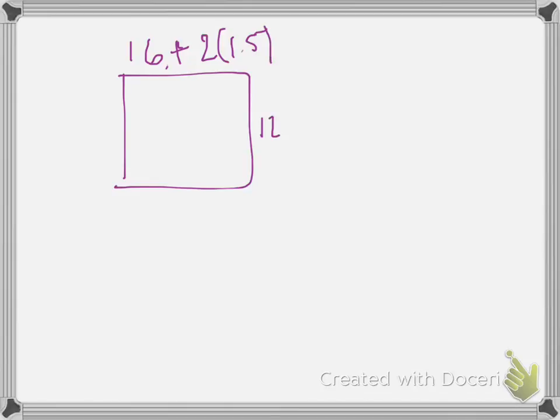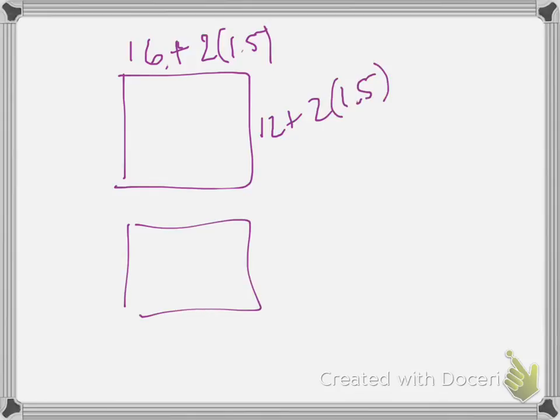And then the other one was 12 plus 2 times x, so it would be 2 times 1.5. If you solve those out, the length would be 19 feet and the width would be 15 feet.